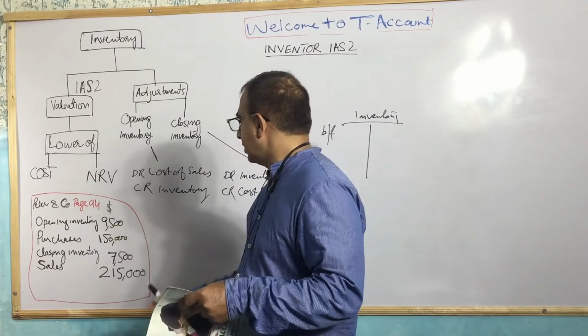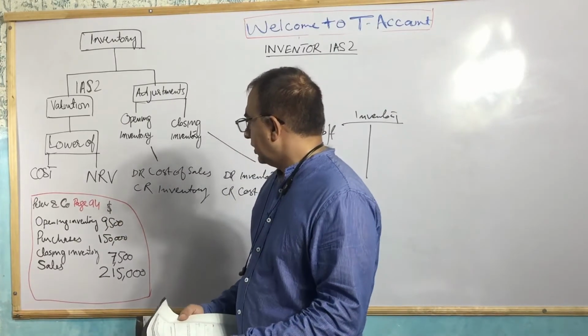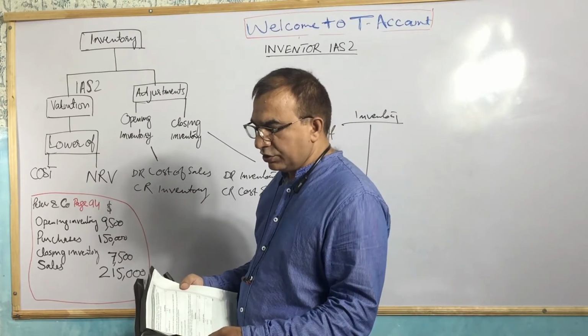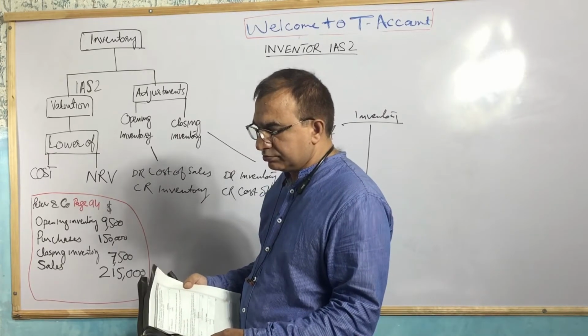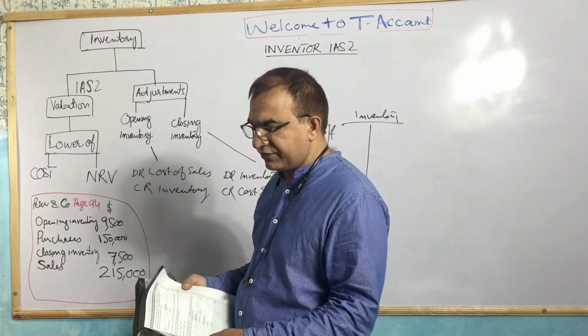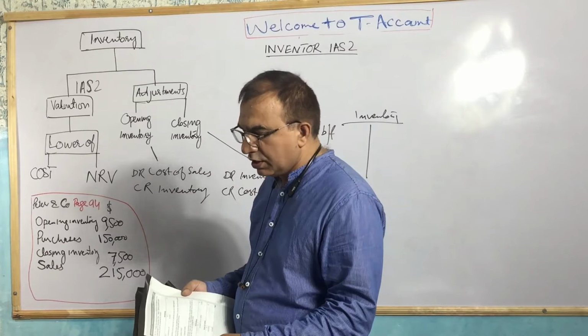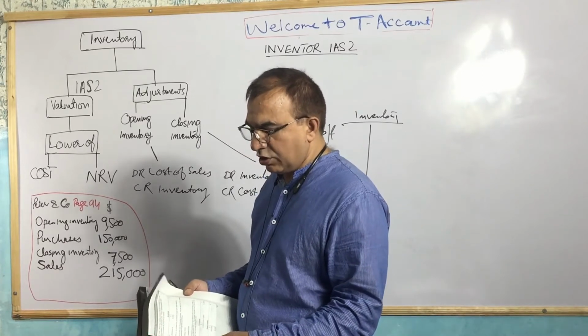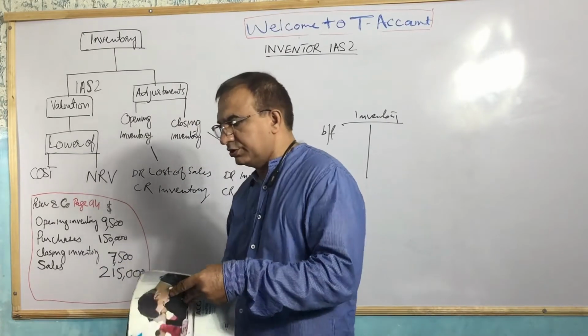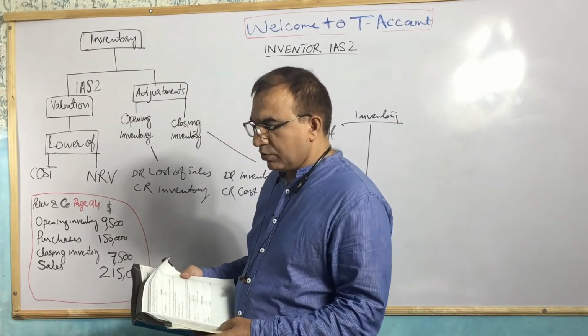Purchases $150,000. Then closing inventory: on 31st December 2017, he has 25 machines left in the inventory with a cost of $7,500. Closing inventory $7,500.